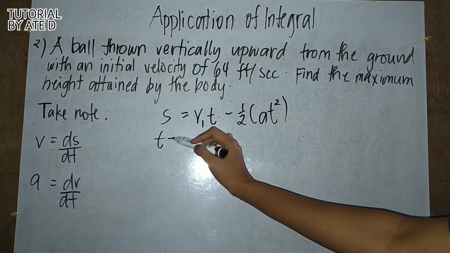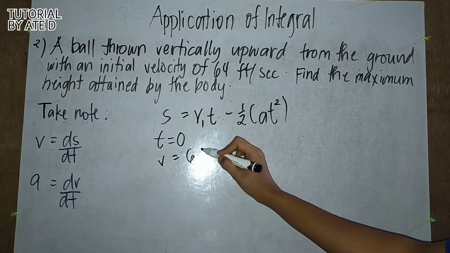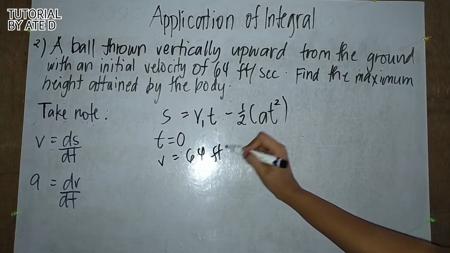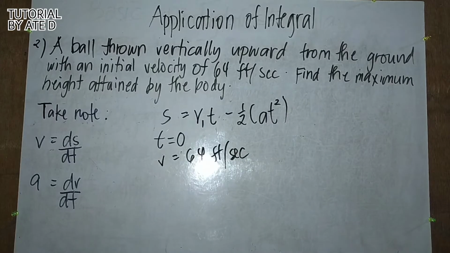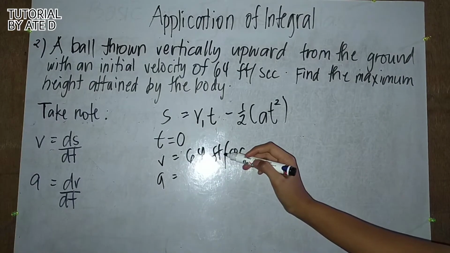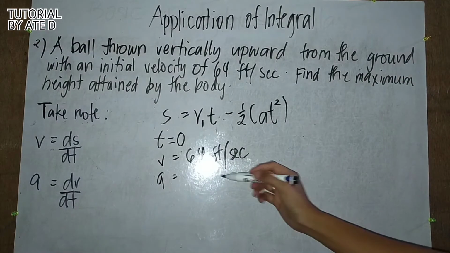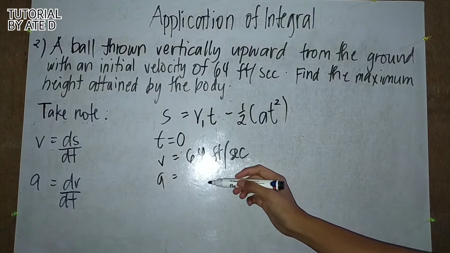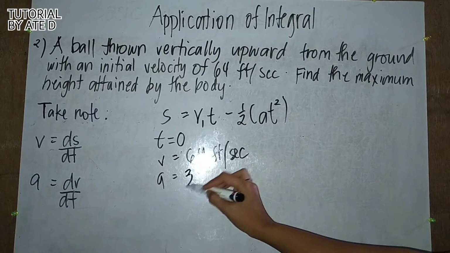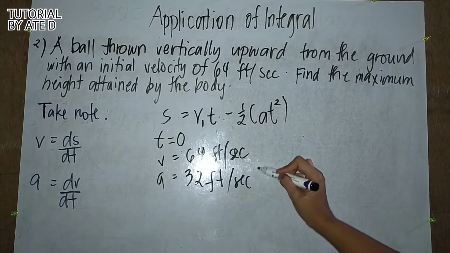Time is equal to 0 and v is equal to 64 feet per second. And our acceleration due to gravity converted from 9.8 meters per second squared, in feet is equal to 32 feet per second squared.